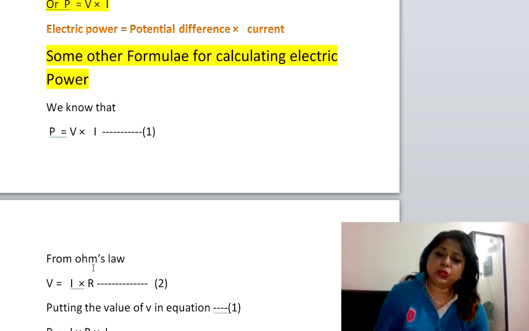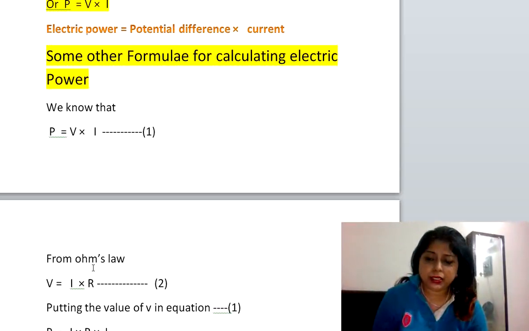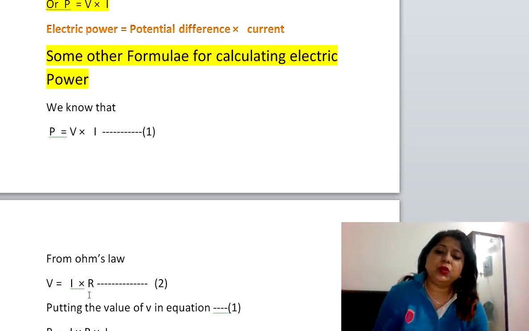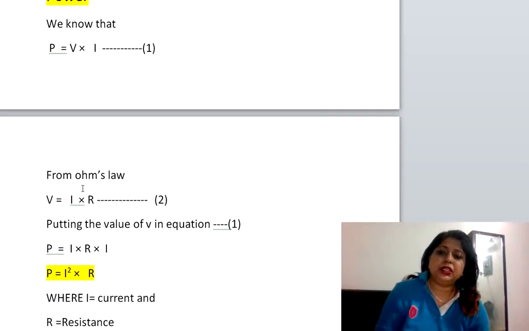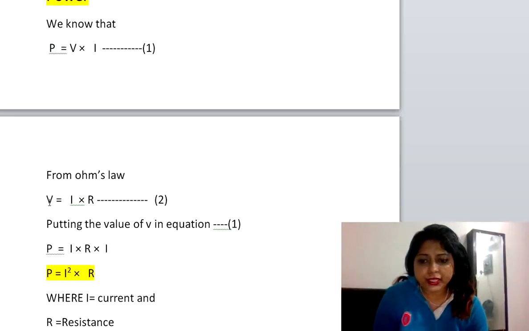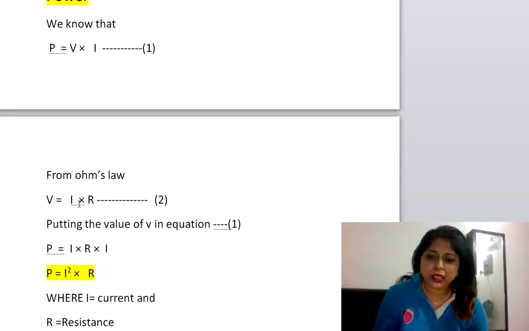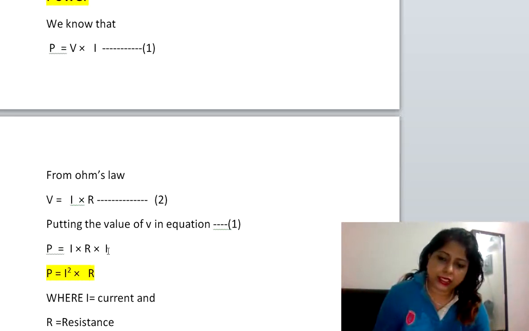And from Ohm's law, which I already explained in the last video, V equal to IR, where V is the potential difference, I is the current and R is the resistance. Now putting the value of V in equation 1. So P equal to VI. So at the place of V I have written I into R, and I is already there, I have written that.